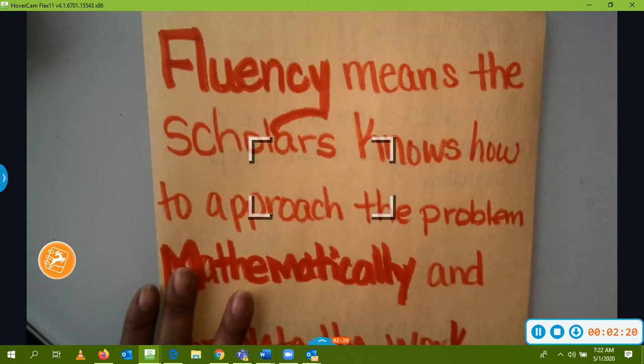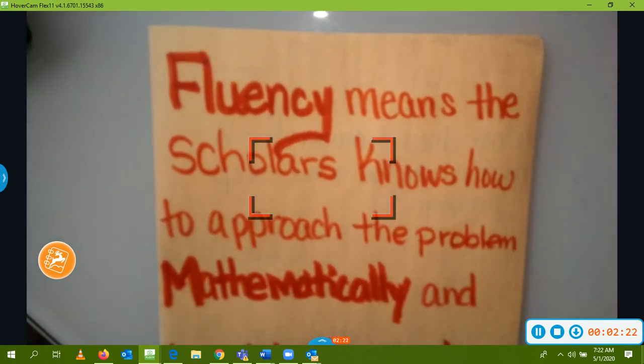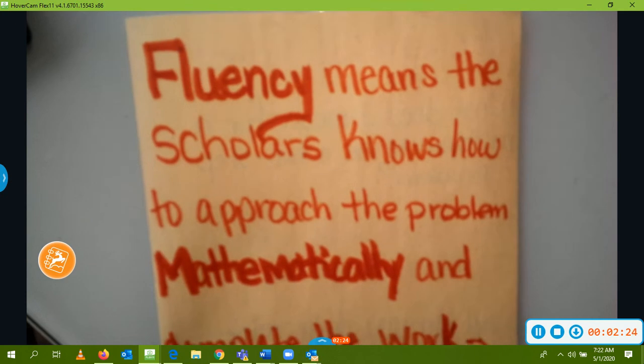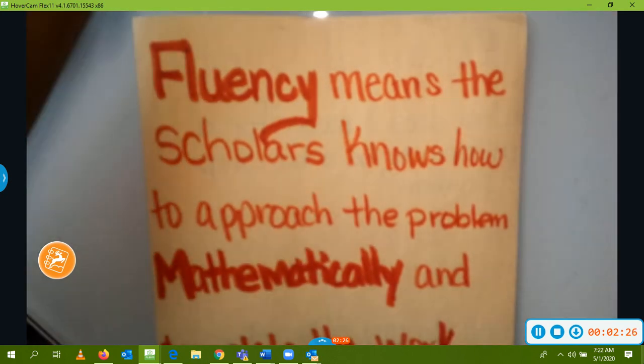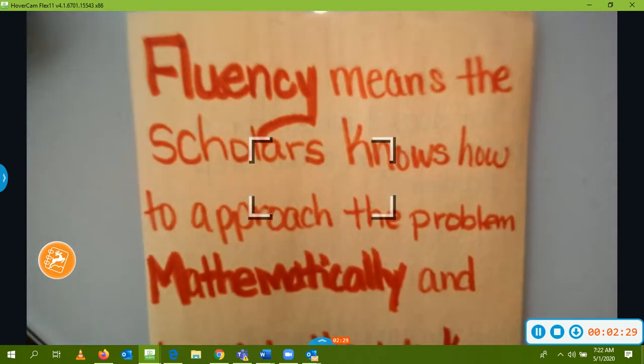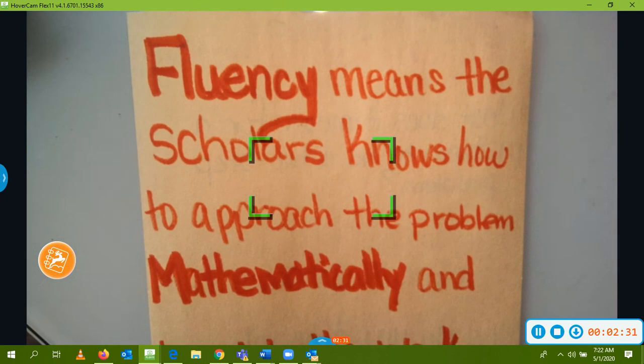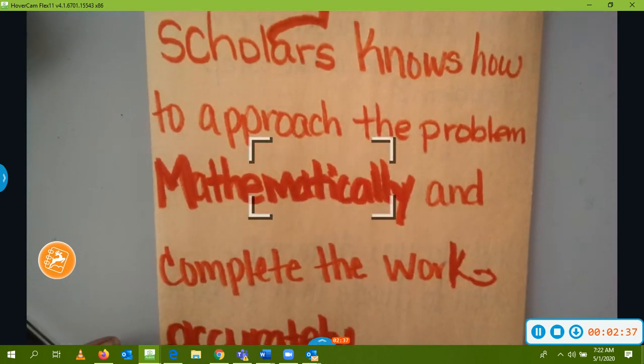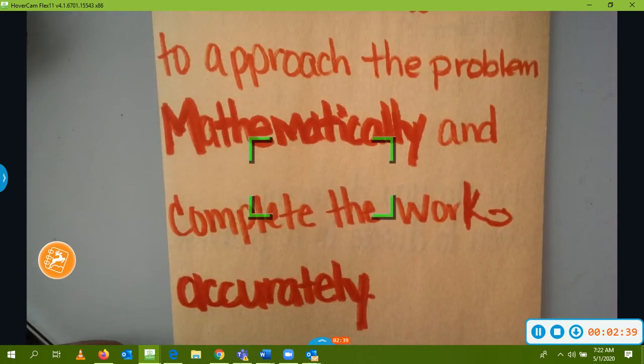All right, one word that stuck out to me that I think you need to know, the important word of the day, is fluency. Fluency means the scholar knows how to approach the problem mathematically and complete the work accurately.